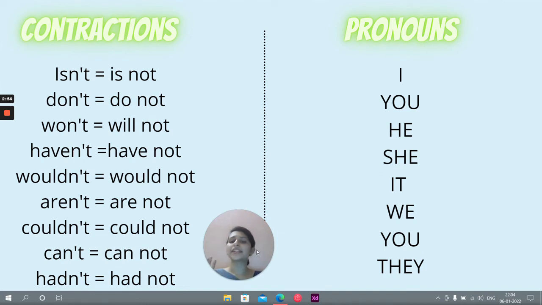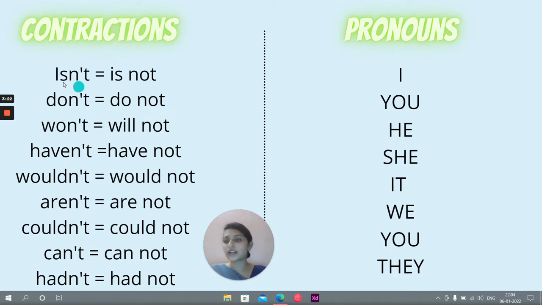Because the words are actually is not, do not, will not. When you make it into contractions, you are making it small. So is not, which is two words, will be changed to isn't. It all becomes one word now. That is why it's called contractions.